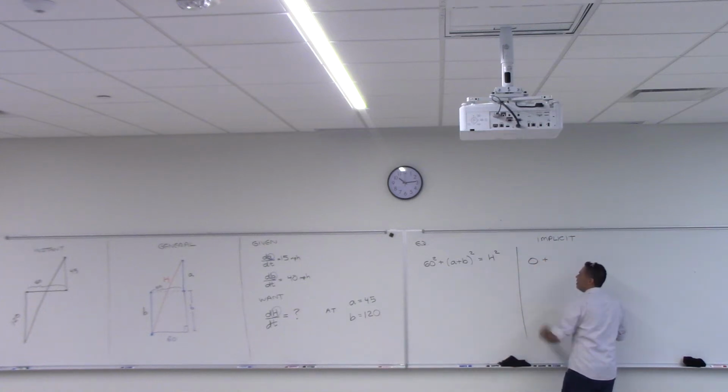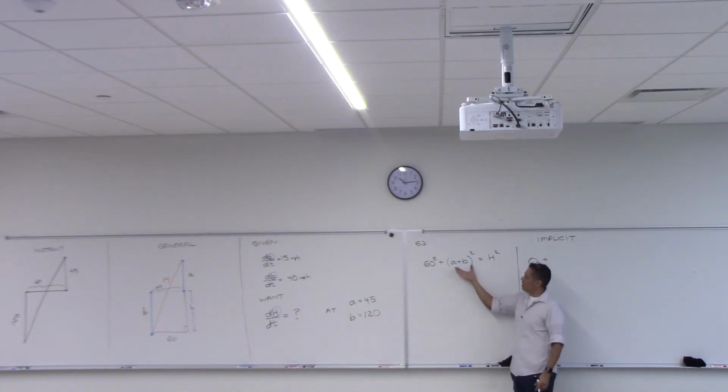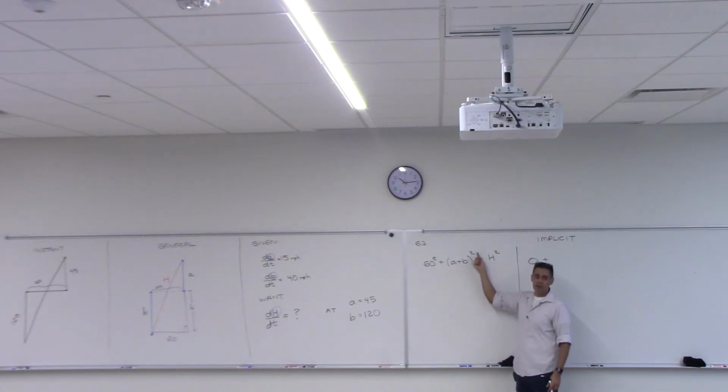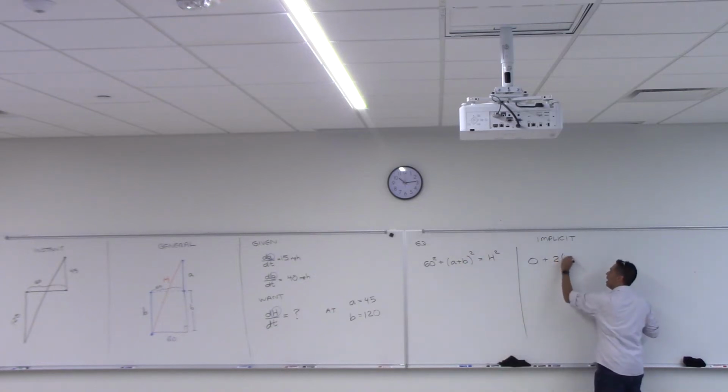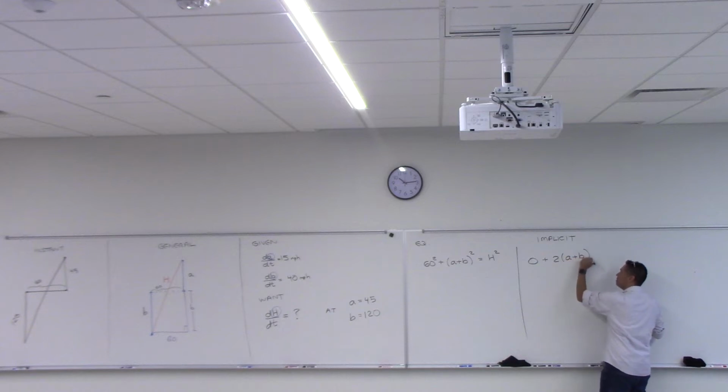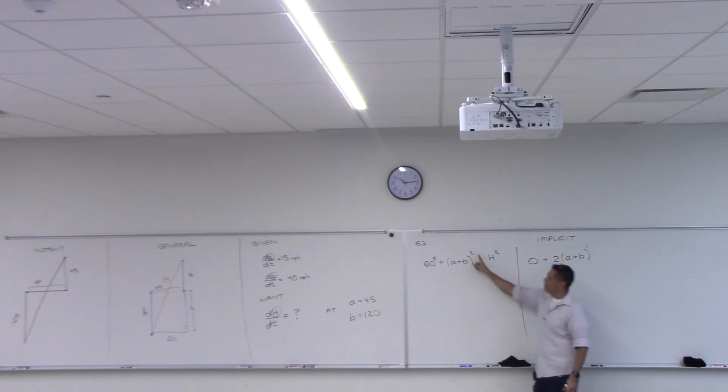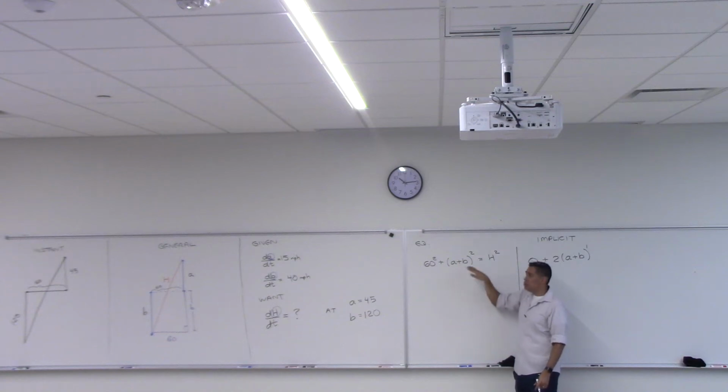Okay, plus. Now, be real careful here. You're taking the derivative of this, which is the derivative of something squared. Chain rule. So the first thing that happens is 2 comes out, and then you have A plus B. Don't take the derivative of A plus B yet, right? The 2 comes out, it's A plus B to the first power. That's what happens first. Then you go inside and take the derivative. And you do them separately because there's a plus.